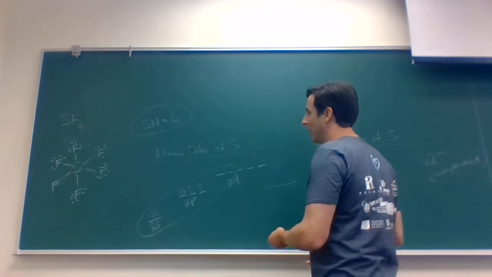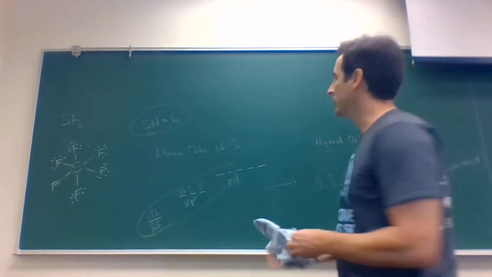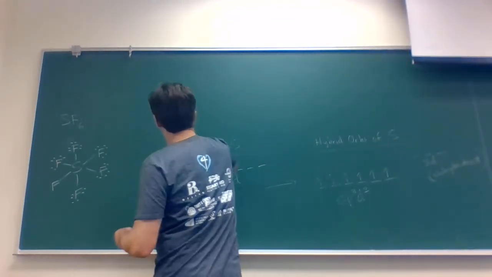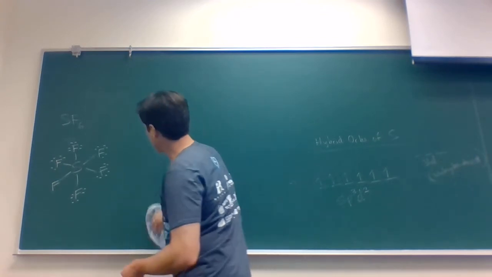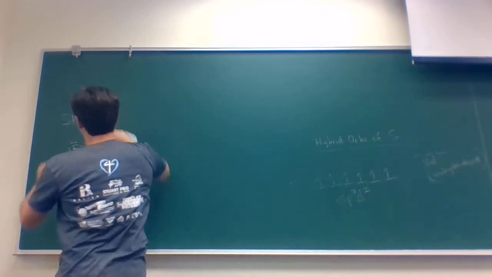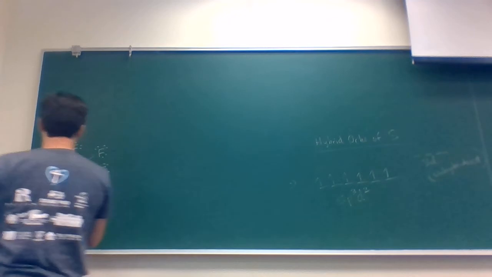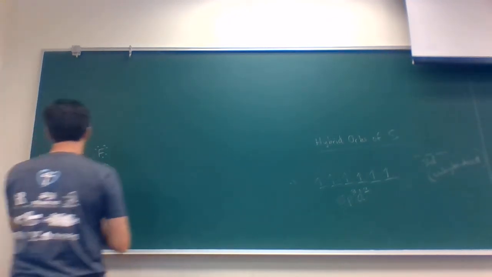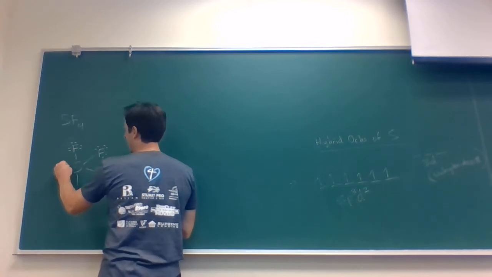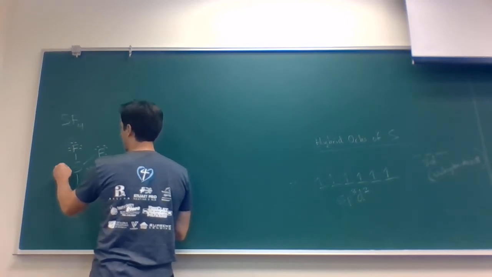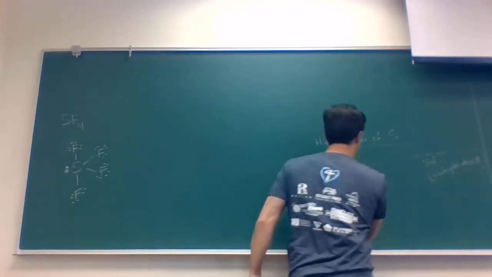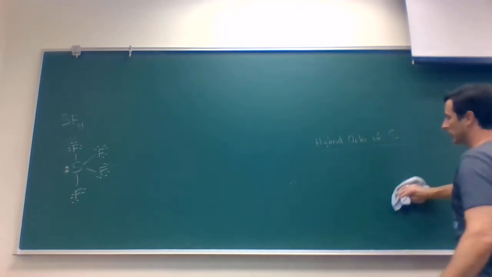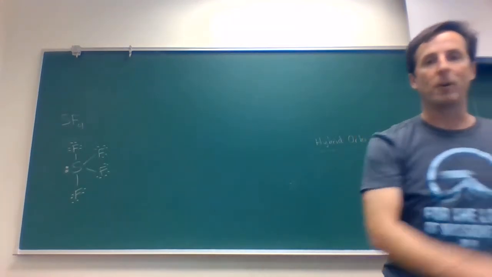Okay, so now let's move on to another one. Let's do, if I change SF6 to SF4, the drawing pretty much stays the same, other than now I have a lone pair on my sulfur.